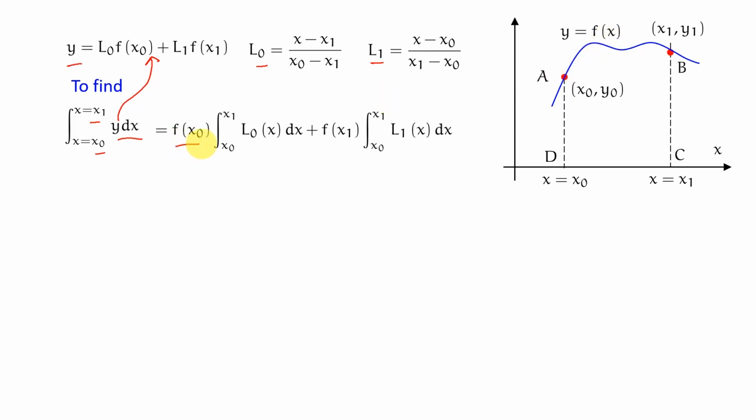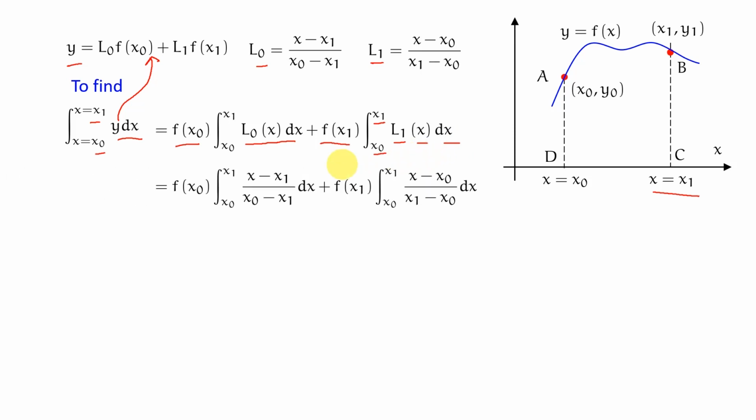So this is simply a real number in general, so that's a constant. It comes out of integration sign. Inside the integration sign we have L0 dx, and the integration goes from x0 to x1. Similarly, in the second term, f(x1) is a constant. This is the value of y at x equal to x1, so it comes out of integration sign, and I have the integration from x0 to x1 of L1 dx.